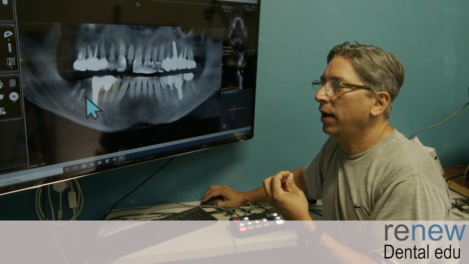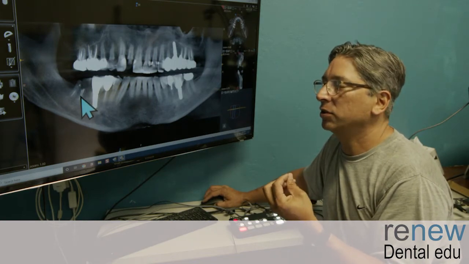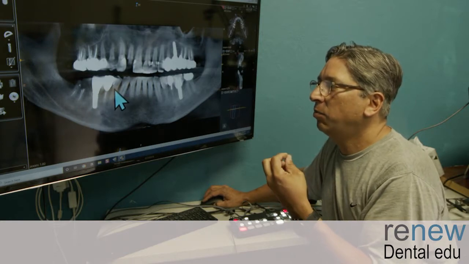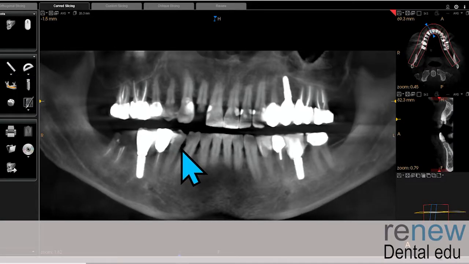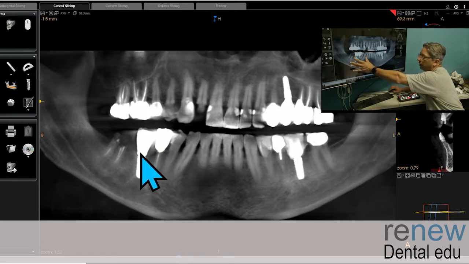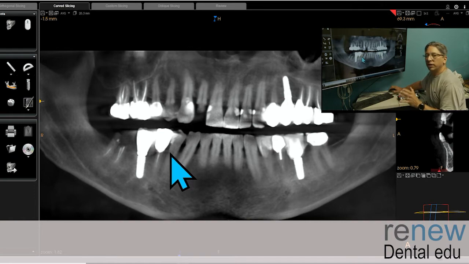And that's why I don't recommend second molars. The patient isn't missing it. It's when he's missing part of the primary area. When the patient is missing part of that primary chewing area, then it really matters.